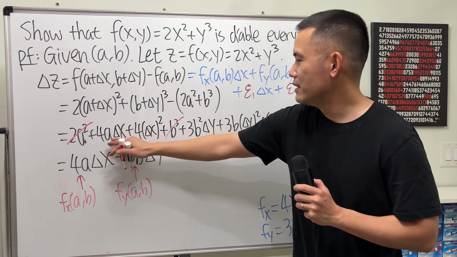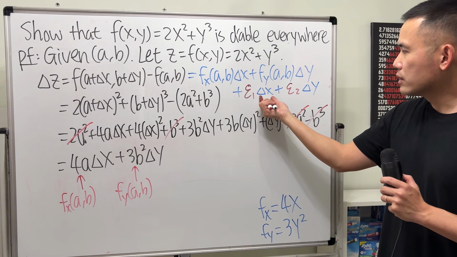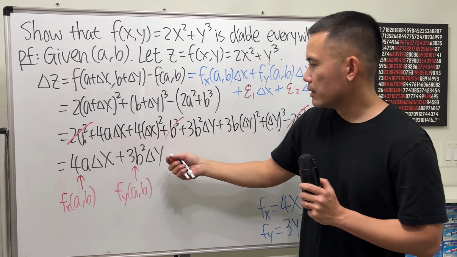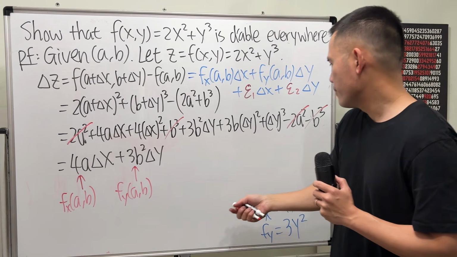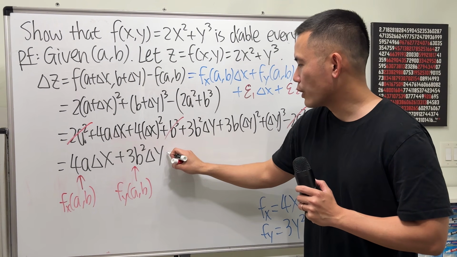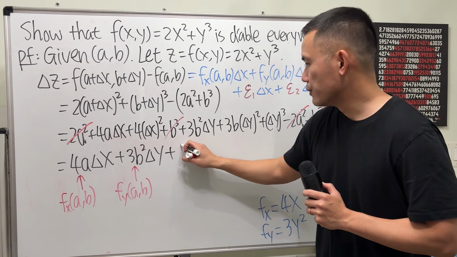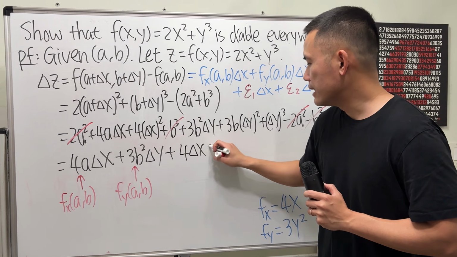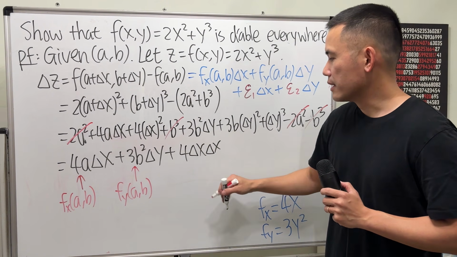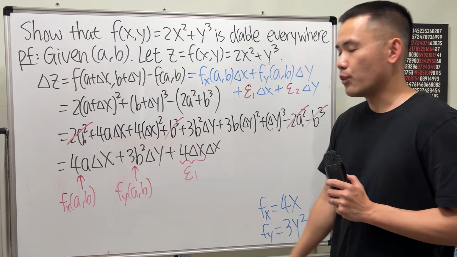So we took care of this and that. Now we want the rest. I want to have all the terms with delta x, which is this right here. So I'm going to break this down. I'll write this as plus 2 delta x squared. I will purposely write it as 2 delta x and then another delta x, because this way we can put this part as our epsilon 1.